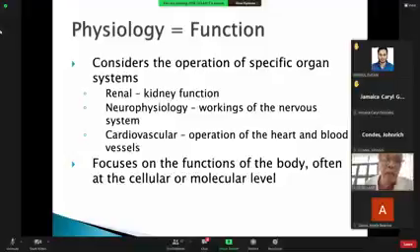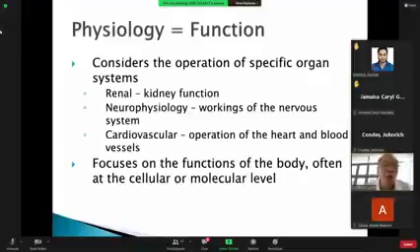So the kidney has a particular group of tissues responsible for a specific function in order for the kidney to function as a whole. So neurophysiology is actually between neurons and the function.